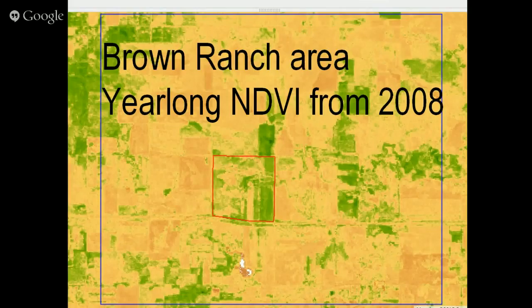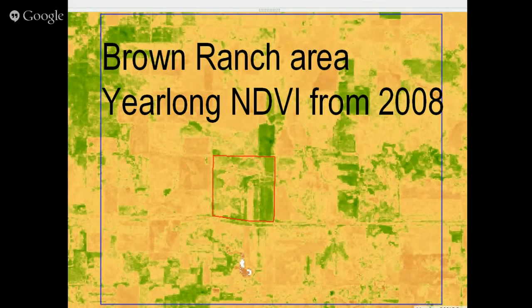I was able to run year-long normalized difference vegetation index composites from the surface reflectance products that are now available from NASA and USGS via Google Earth Engine. And these are, as I said, calibrated surface reflectance products.